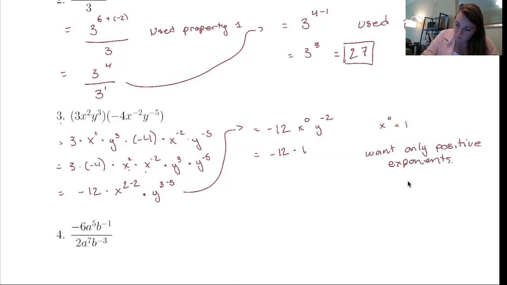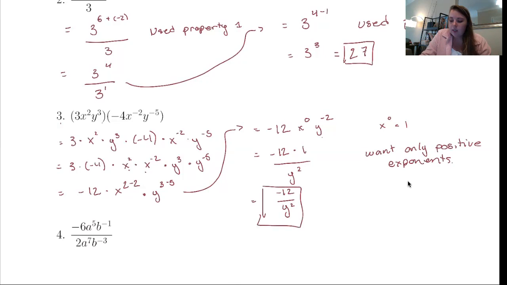Okay, so if y has a negative exponent, it's technically in the numerator right now, it's hidden, then I need to bring it to the denominator. And that'll give me my positive exponent. And then I can just write it a little nicer because times 1 is kind of redundant.